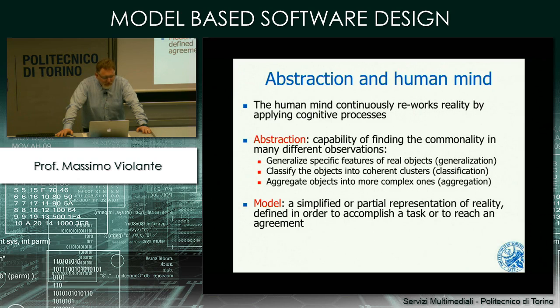In order to give an answer to this question, let's think about what a model is. A model is an abstraction or a simplification of the reality. We have a very complex item in mind.